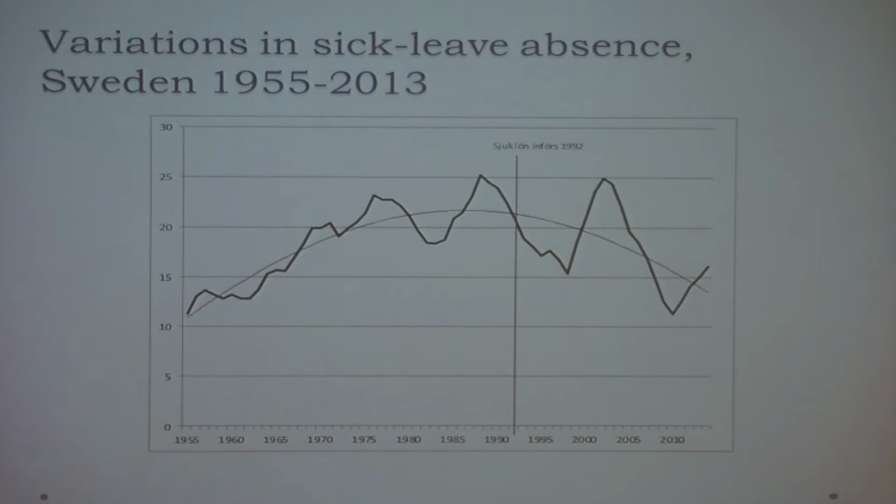I've estimated a polynomial curve here, the one you see in the middle here, and as you see, if you take this as an average, filtering out the oscillations, absence was at its highest during the 1980s, and it's much lower now than it was in those days. But the public debate tends to concentrate on these violent swings because it's extremely myopic in its perspective.